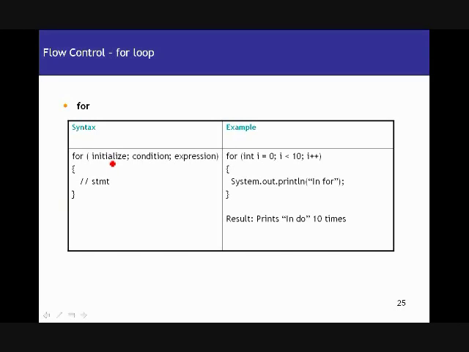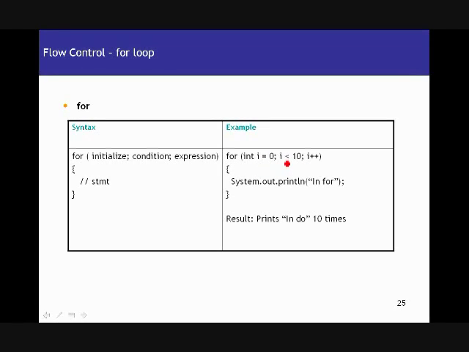Say I want to execute a certain set of statements 10 times. I'll have to have a counter so that I can keep track of the number of times the statements are being executed. So in the initialize block, I initialize the counter. In the example given here, it says for int I is equal to 10, so here I'm initializing the value of I, and I is a counter here.